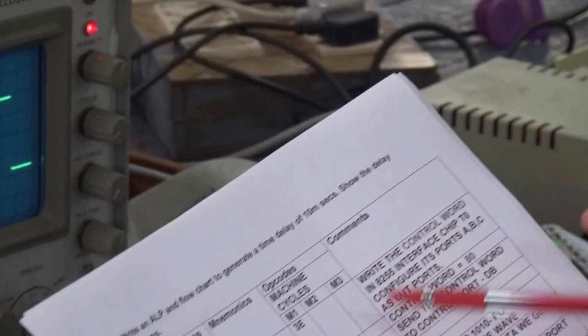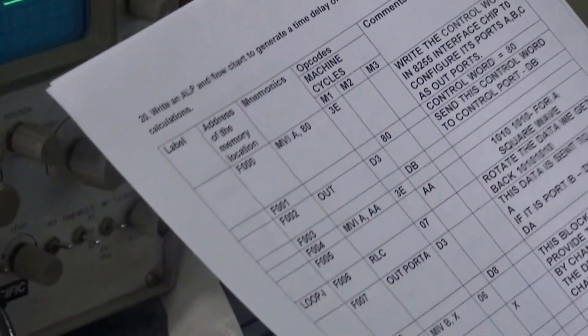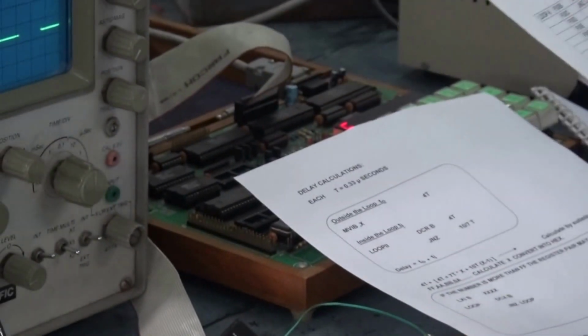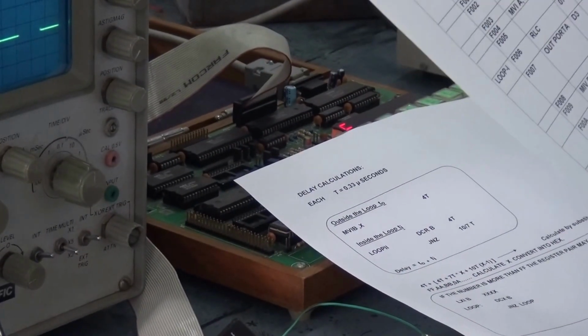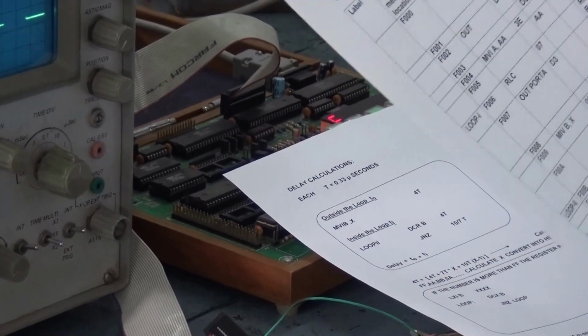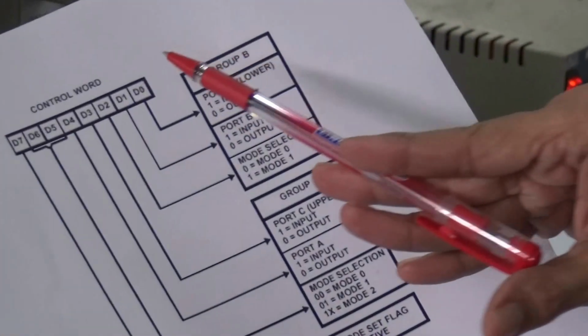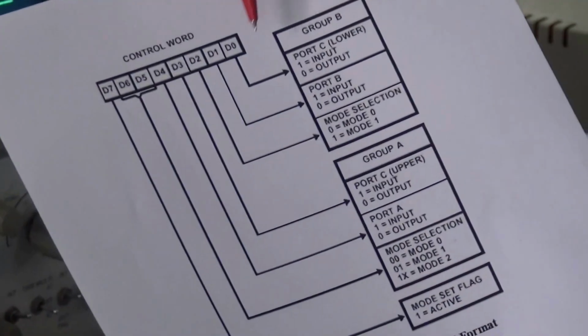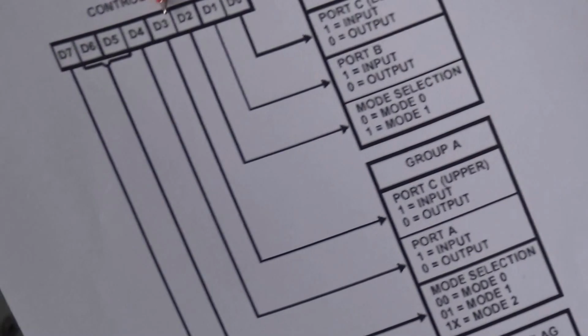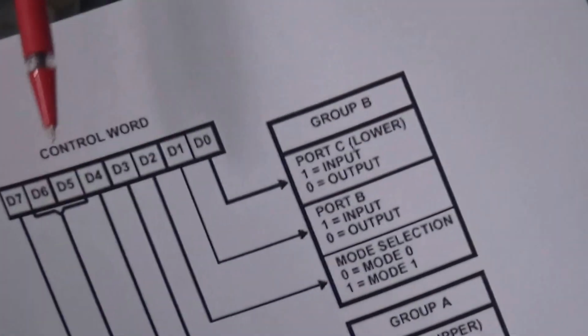MVI A, 80H. 80 is actually a control word. The control word is written in the control word format of the 8255. Here, as you can see, word means it's 8 bits. So you have D0, D1, D2, D3, D4, D5, D6, D7.